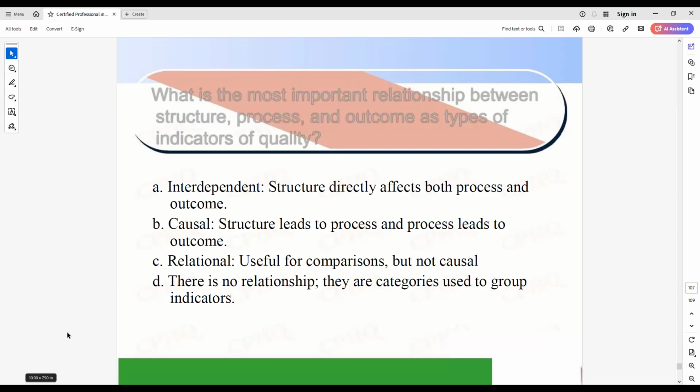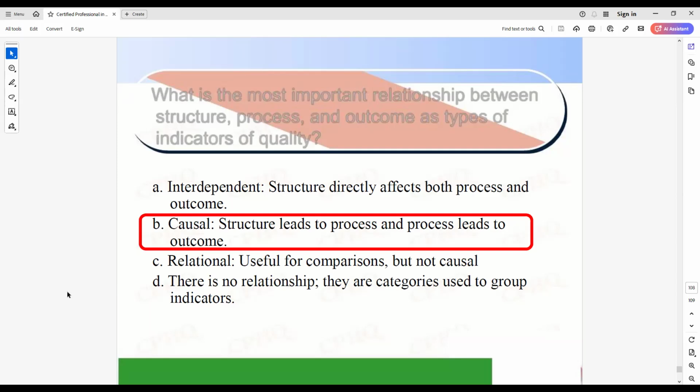B also can be causal. No, it's interdependent, A. I kept saying it's causal. Yeah, true, it leads to the outcome. It's a cause and effect relationship, not even between structure as much as process and outcomes.